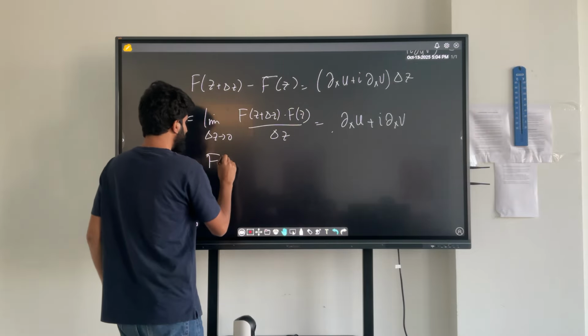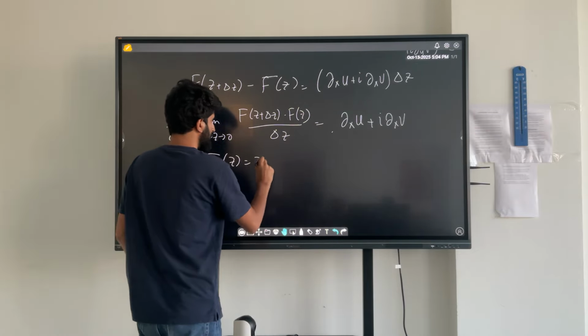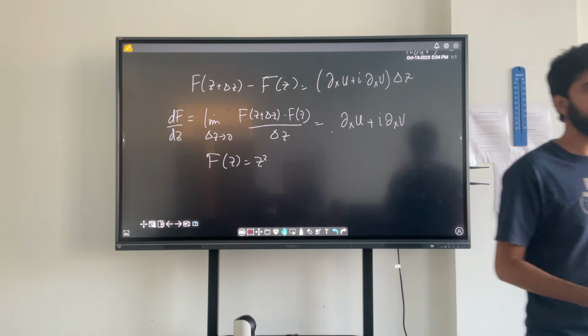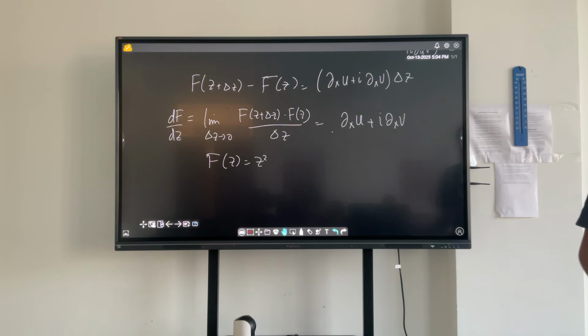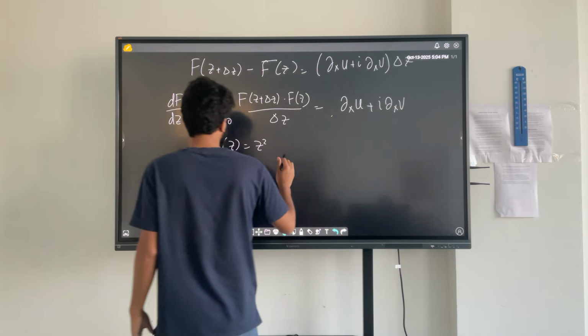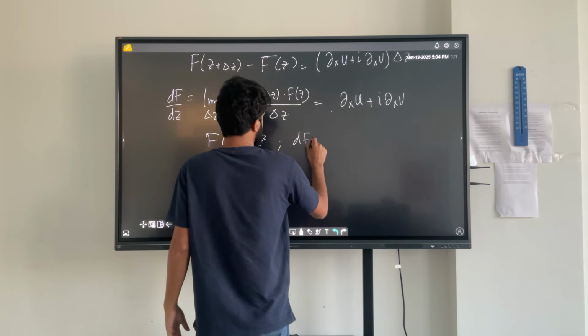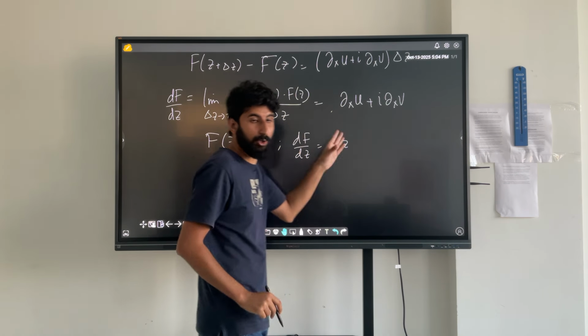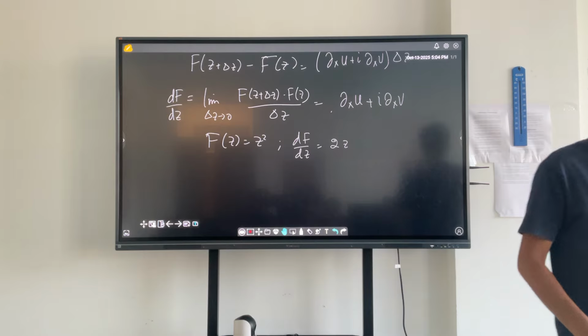So I take f of z equal to z square, and mechanically this derivative is the same as if you are differentiating real numbers. So what is df by dz? What do you expect it to be? 2z, computed at some complex number z.